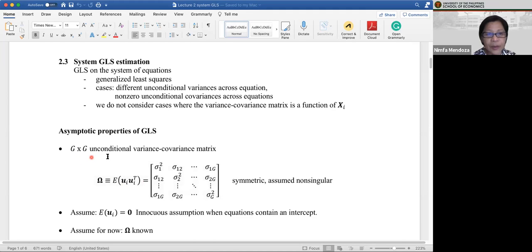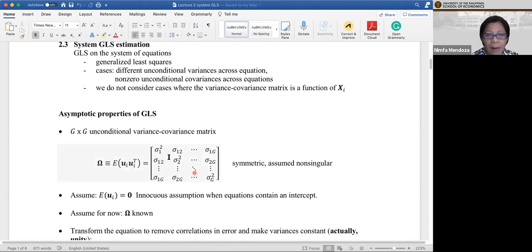The G by G unconditional variance covariance matrix omega is defined as the expected value of U sub i U sub i transpose. U sub i is G by 1, U sub i transpose is 1 by G. Therefore, you have a G by G matrix, and it will be of this form.